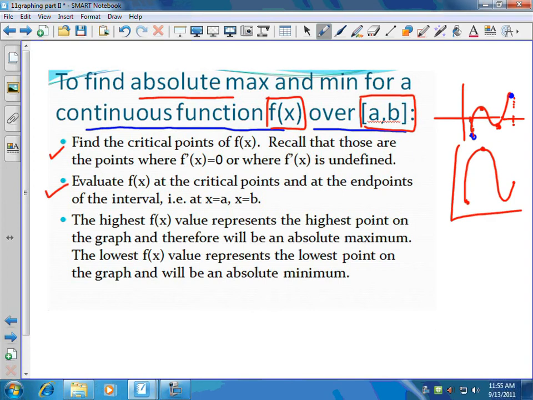So we evaluate the function at the critical points and at the endpoints. These are the suspicious points where you expect to find the absolute max or min. The highest value you get from that process is your absolute max, and the lowest value you get is your absolute min. Let's take a look at an example.